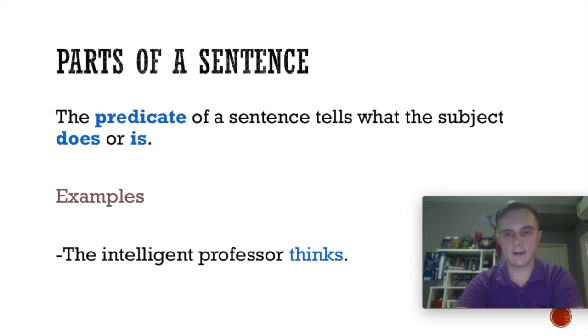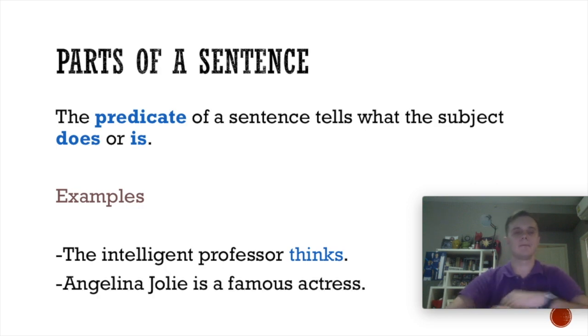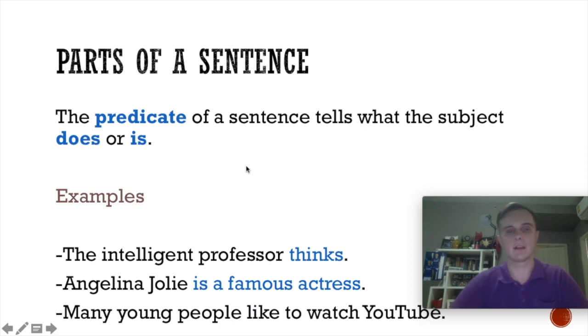The predicate of that sentence is thinks, because that tells you what that professor does. We've got an action. Next one. Angelina Jolie is a famous actress. What is the predicate? You should remember the subject. What's the predicate? Okay, the predicate is a famous actress, because again, we know that the predicate can tell us what the subject is.